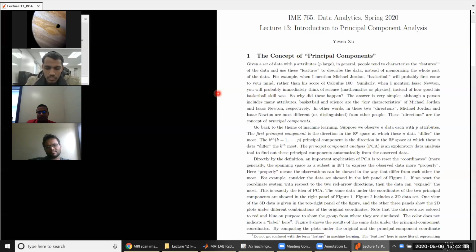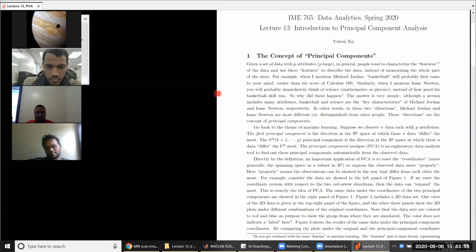If I ask you to describe Isaac Newton, would you tell people on which day his height or weight was what? You're not. You would just tell me that Isaac Newton is a great mathematician and the king of dynamics, right? We tend to use this kind of characteristic to summarize the data. Am I correct? Clear? Okay.